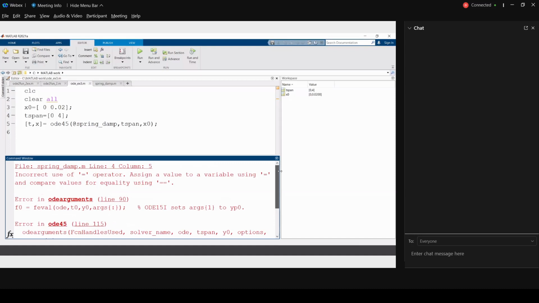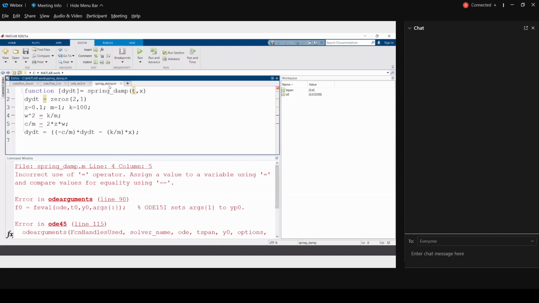First read it: file spring_damp.m line 4. See line 4. What you wrote is w square is equal to k by m. This is not the way. Correct? In MATLAB, the left hand side is the variable name.